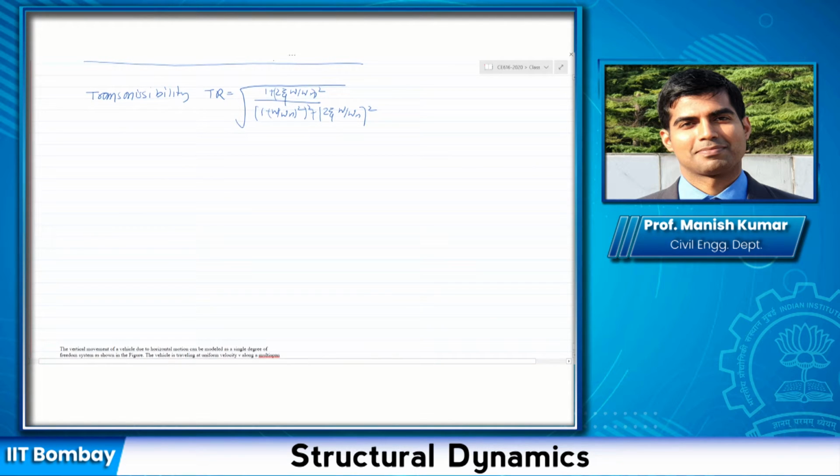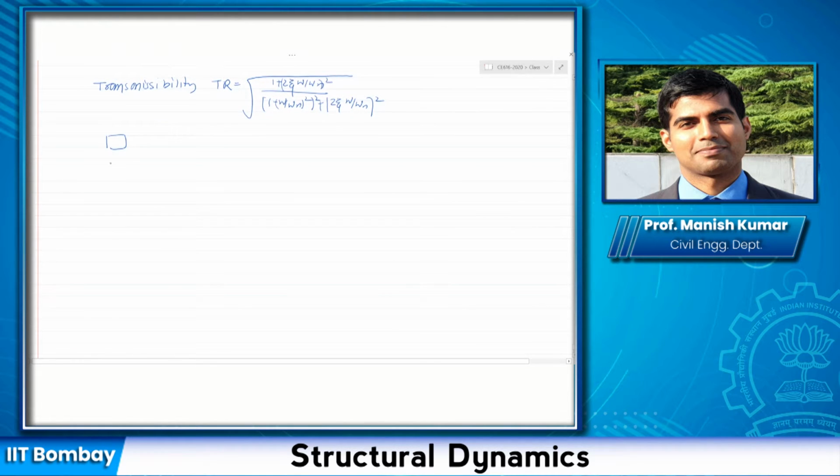For example, if I had a spring mass system with a mass m and I apply a harmonic load P equal to P naught sine omega t, the transmissibility was the maximum force that is transferred to the support. Let us call this Ft, which is the sum of the spring force and the damper force. So it is the peak value of Ft divided by the peak value of the applied harmonic force.